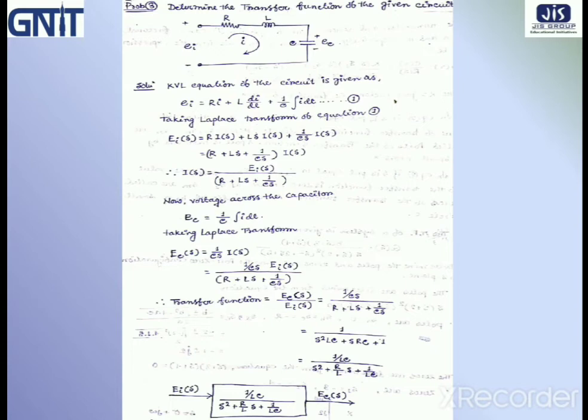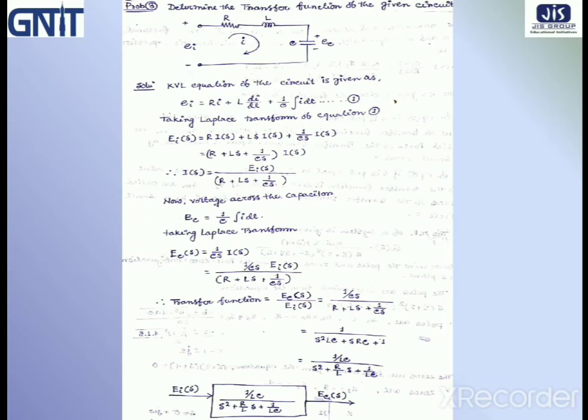Take the Laplace transform. If we do the Laplace transform of an integration, then we get a 1 by s term. So after the Laplace transform, we get E_C(s) is equal to 1 by Cs into I(s).